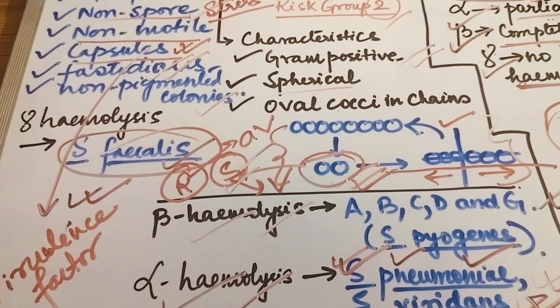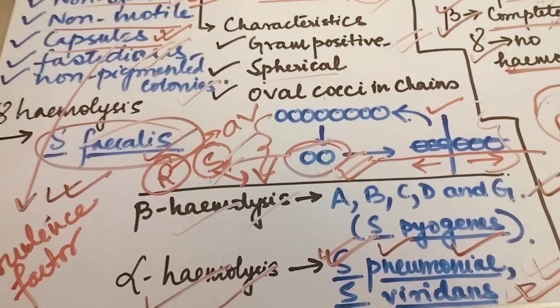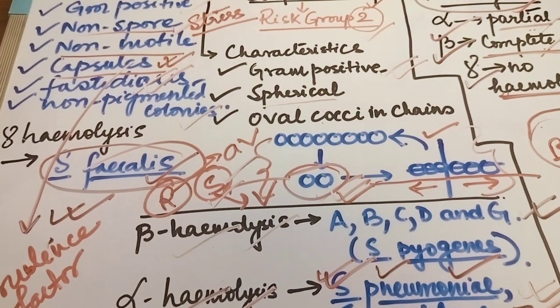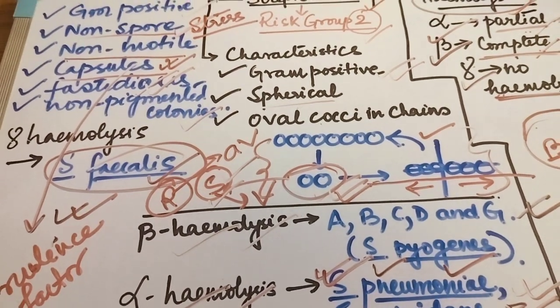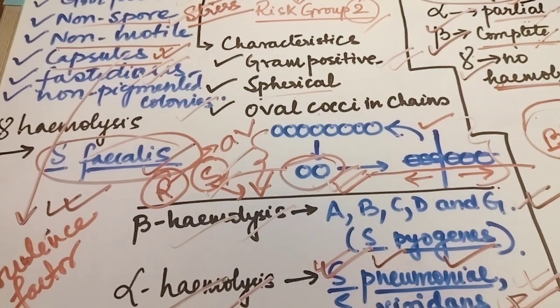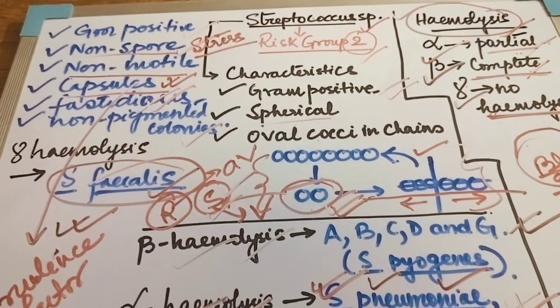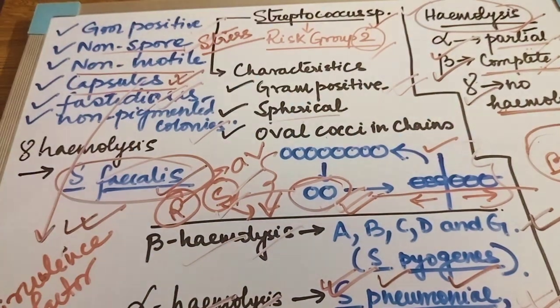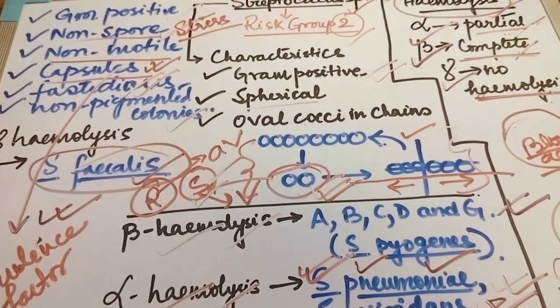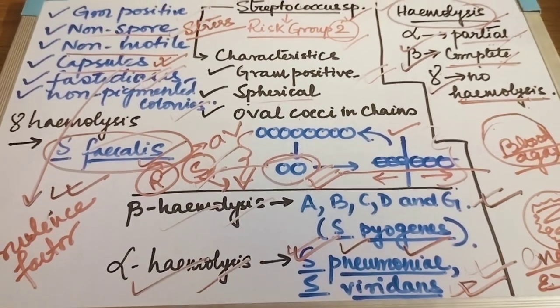And it is fastidious. Without its required cell, that is RBC, it is very difficult to grow. That's why the agar or nutrient is supplemented with sheep blood or RBC. And moreover, if you see the colony in a plate, it is a non-pigmented colony. So with this, I end the first part of the video.